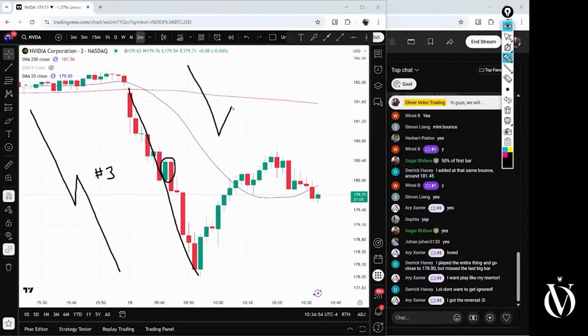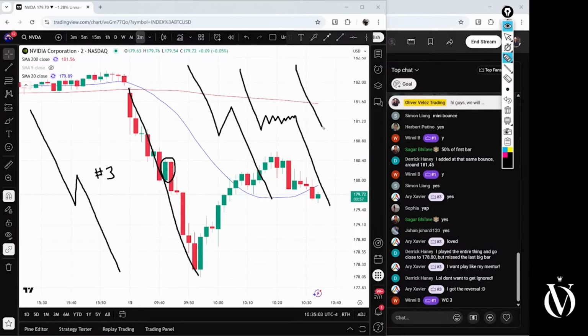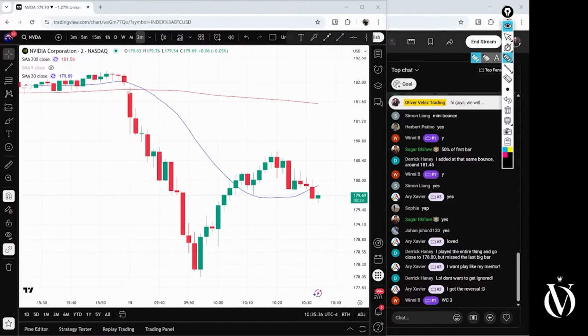So type 1 is that, type 2 is that, and type 3 is that. This is type 3. 1, 2, sideways, and 3. Brief pause, drop. The key thing is this spot right there in a narrow state, always your sweet spot.